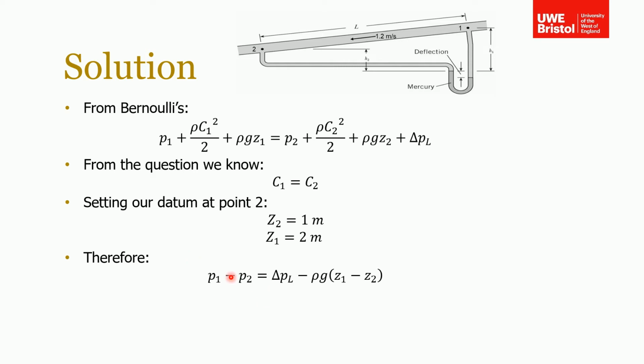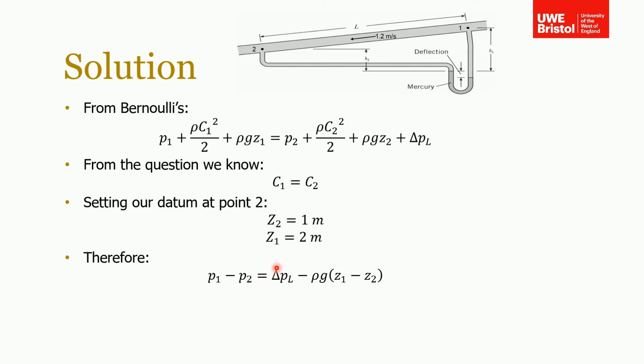So we can simplify Bernoulli's a little bit by taking out the dynamic pressure terms, and we know this term here because we know what Z1 and Z2 are. We can work that out. We don't know what the pressure loss is. In fact, we're trying to work out the viscosity, and this is a function of viscosity, so that will come in. We'll work that out later.